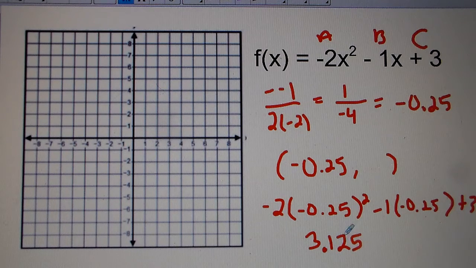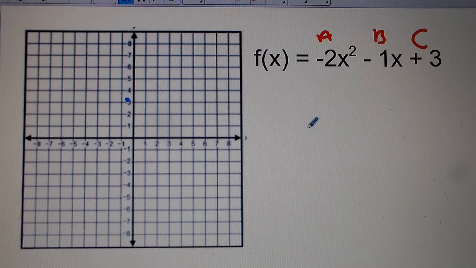Is my y value. So we can have decimals when you're plotting them. So my t-chart is negative 0.25 to the left and then 3.125. So it looks like it's about right there. We know that's the center.